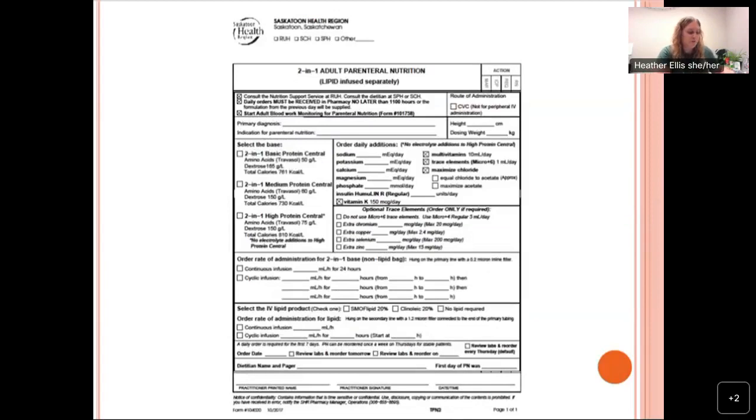And this is our 2-in-1. So we don't use this often on the unit. This would be if somebody has some sort of allergy to our standard lipid that we use in the bags that you saw previously. This we would be able to actually give them a solution that is amino acids, dextrose, and then apply a lipid separately so that we can make sure that they're not allergic to the lipid that we're giving them.